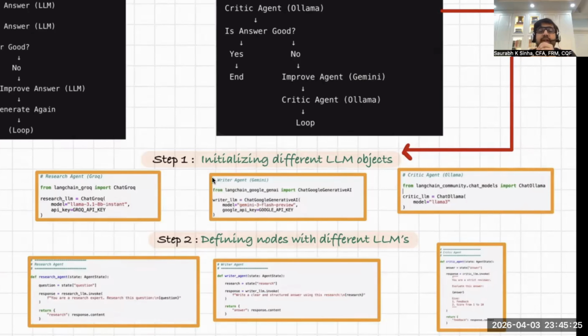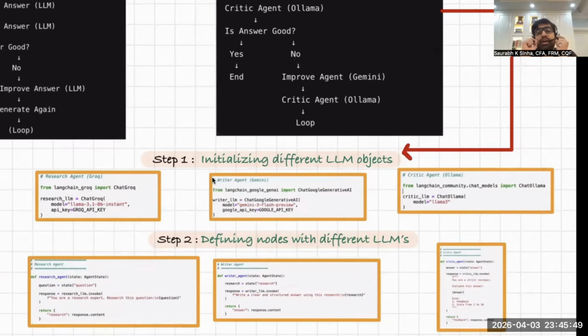Another important point that you might be thinking about: the choice of which LLM performs which task is your design decision. You may decide that Gemini is a better LLM for writing, or Grok is better at reasoning, or Llama is better at critique. You could be right, you could be wrong. That is fine.